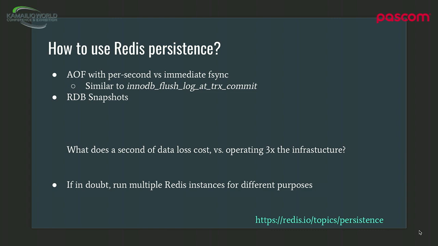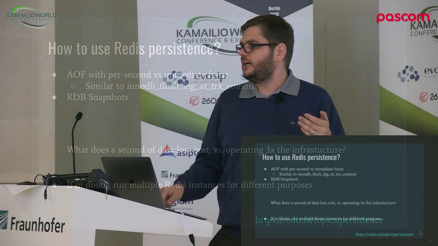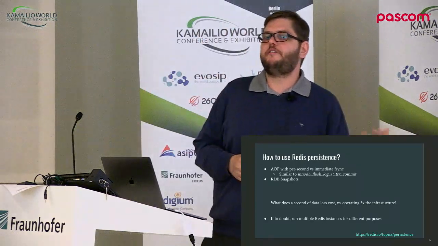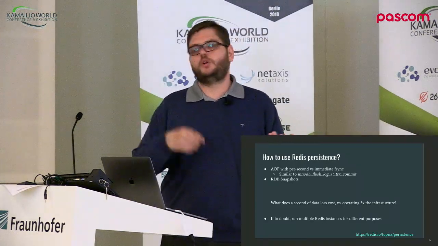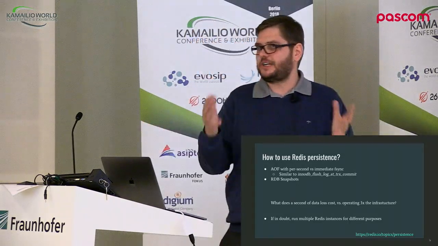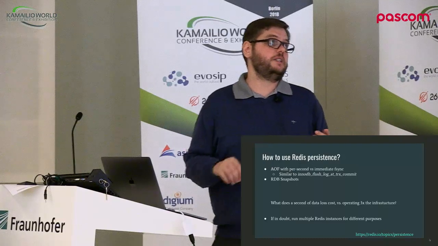Because if your data for whatever reason gets corrupted, your Kamailio crashes, your machine crashes, you get it back up. Within 60 seconds, the client will start inserting that again. It's always a kind of trade-off of what I can afford in terms of data loss versus how much it costs me to have 100% reliable data, which doesn't exist in any case, right?